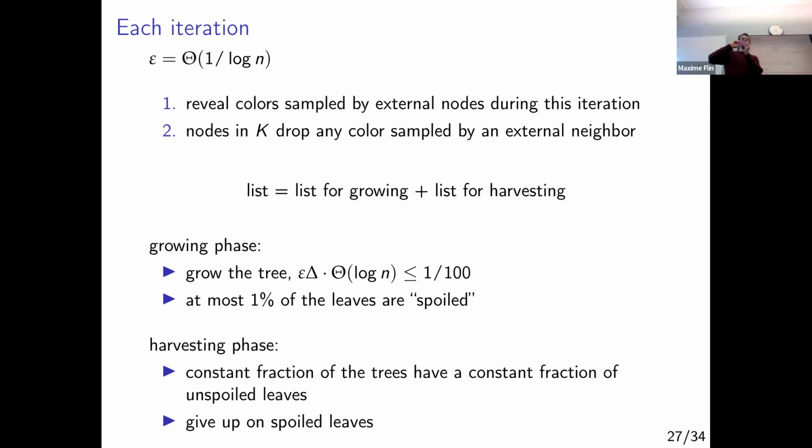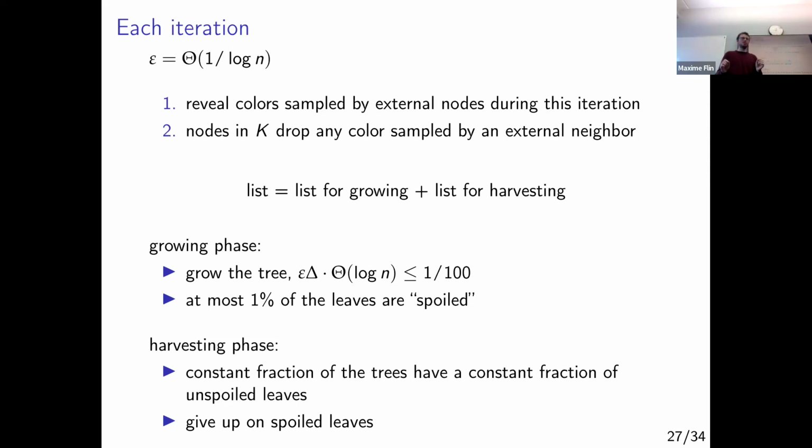If any external neighbor might use the color to recolor itself, you just forget about it. Then you have two things happening. First, the growing phase, where any color is good because you just want to expand the tree. The external neighbors are only blocking a constant fraction of the color space, so you're fine. You can grow the trees.